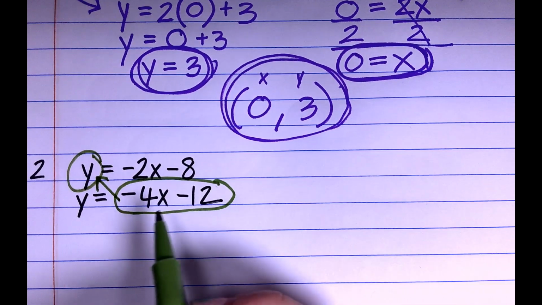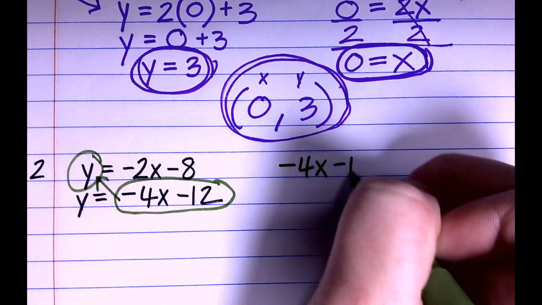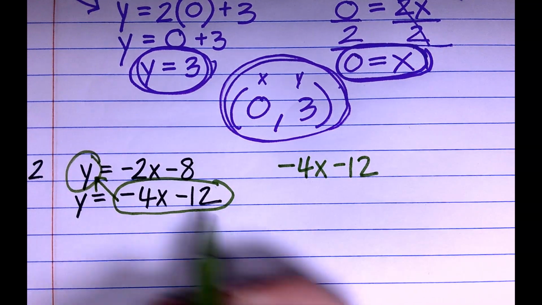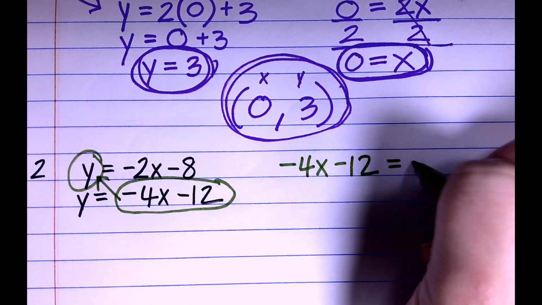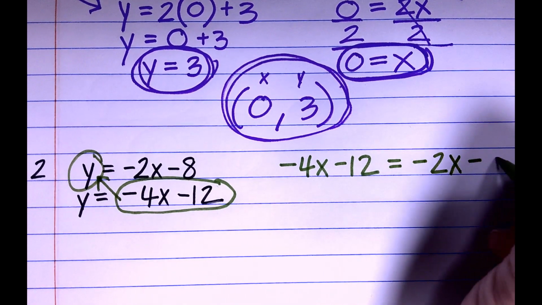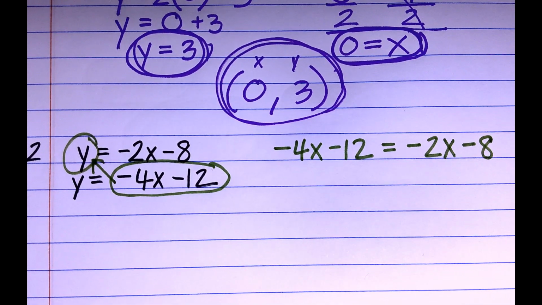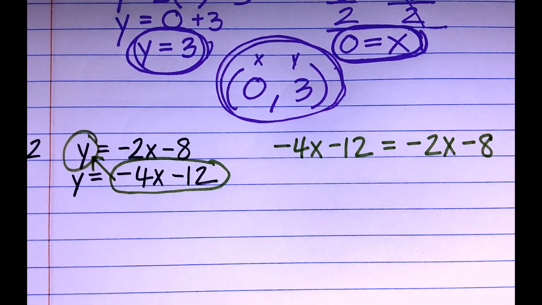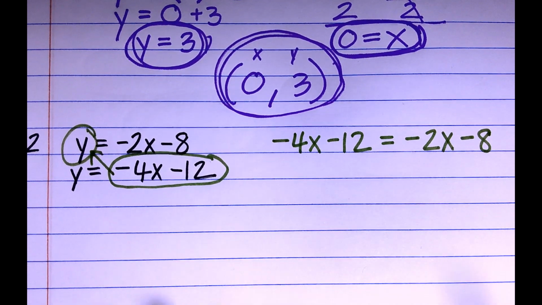Okay, perfect. So I'm going to write negative 4x minus 12 instead of y equals, and the rest of that is negative 2x minus 8. So now I have my equation. Let's solve for x.